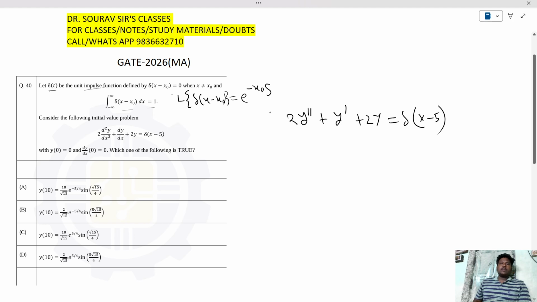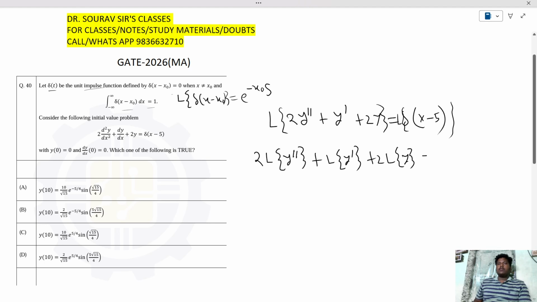So taking Laplace transform both sides, what we will get? We will get 2 into Laplace transform of y double dash plus Laplace transform of y dash plus 2 L y, because Laplace transform is linear. And according to the definition, this gives e to the power minus 5p.